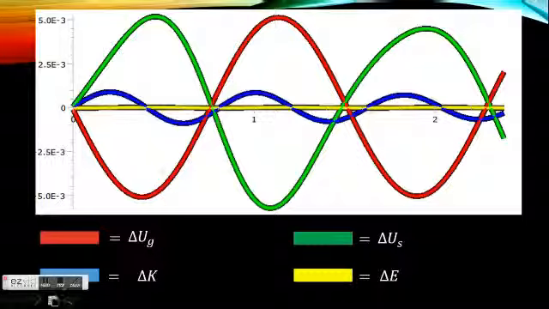When the potential energy and the kinetic energy of these three things are added together, we will always get 0. So when the spring is as compressed as it can be, we know that the potential energy of the spring will be at its highest, thus the potential energy of gravity will be at its lowest, and vice versa.